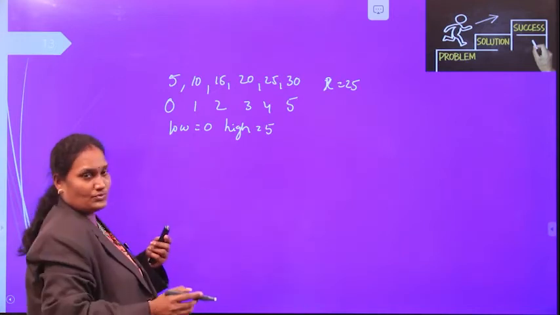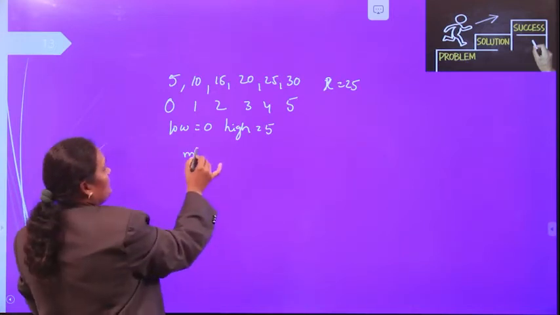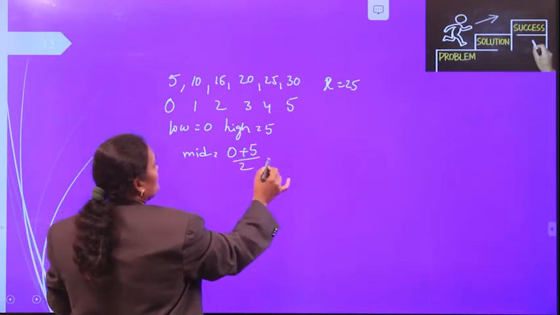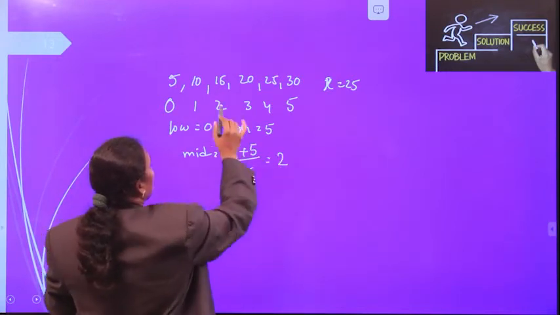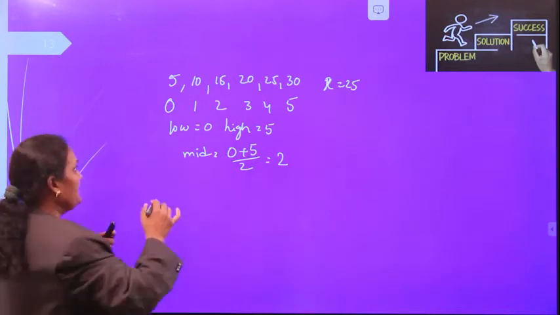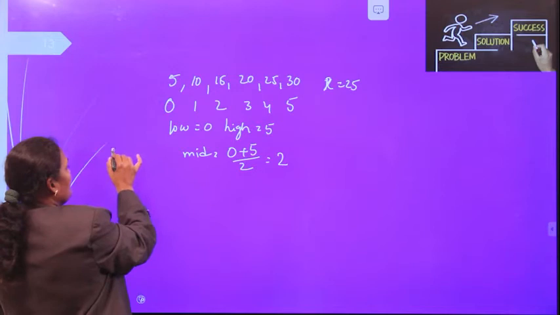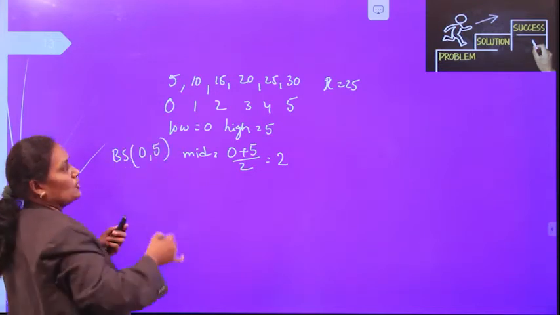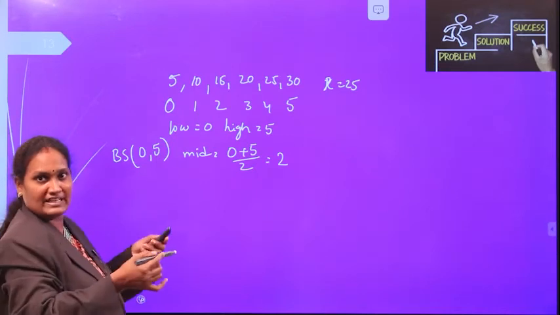What we need to do first? We need to find the mid value. Mid is equal to low plus high by 2, which gives 2. Here we are dividing the array at mid, that is at 2. Here we called binary search for 0, 5, that is low to high.